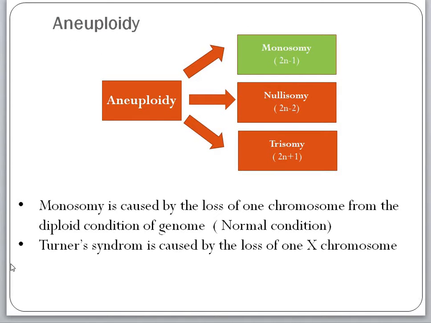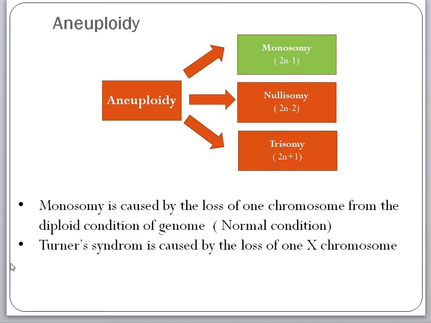Aneuploidy is caused by the loss of one chromosome from the diploid condition of a genome. So aneuploidy is caused either by the removal of chromosomes from the diploid condition or by the addition of chromosomes to the diploid condition. Aneuploidy can be divided into three: monosomy, nullisomy and trisomy.